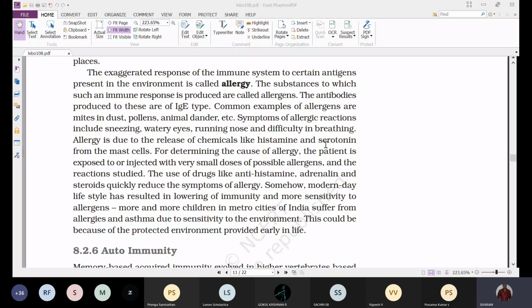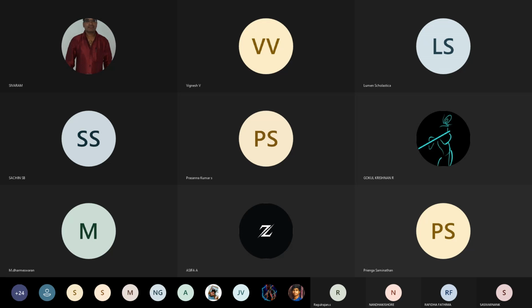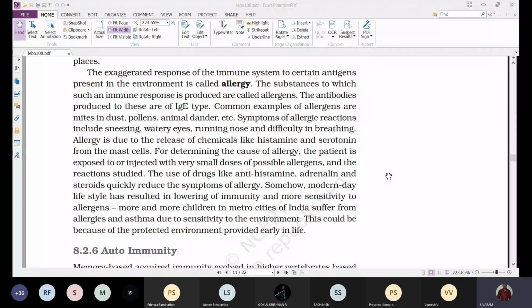So whenever any dust particle enters our nose, we suddenly start sneezing, wheezing, and all that. That means in the nose, our immune system is showing some exaggerated response.